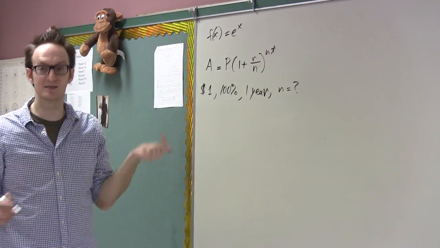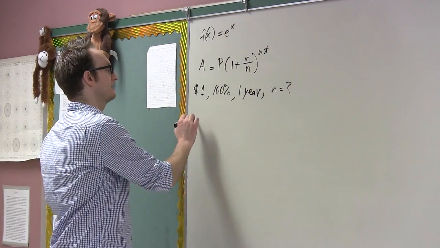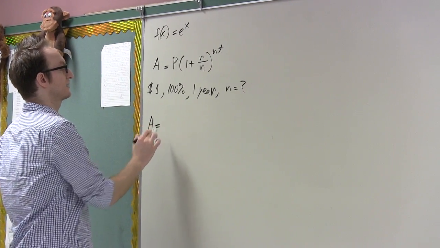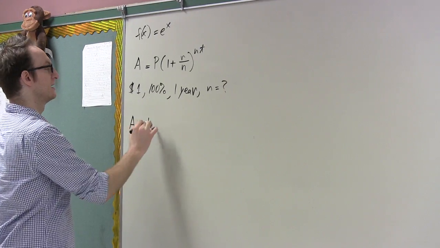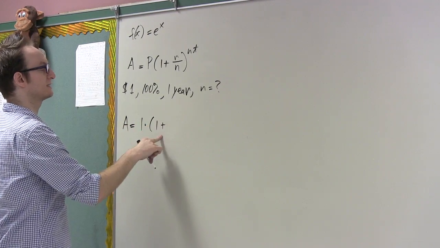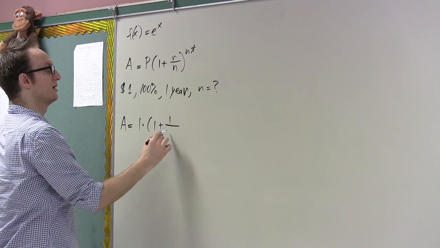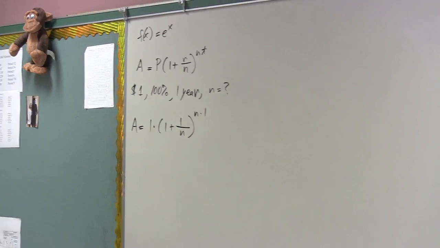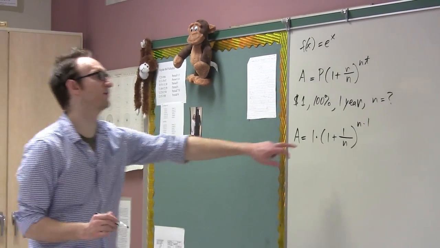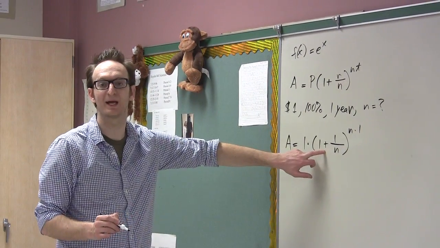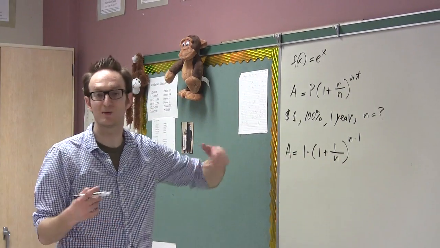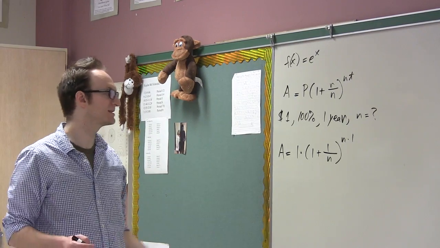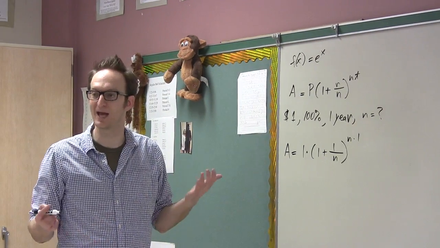If you compound n times per year, then the amount of money in your bank is going to be 1 times 1 plus 1 over n, to the n times 1. So that's the formula for the amount of money I'll have in the bank if I compound n times per year with $1, 100%, just 1 year. And what happens is if you let n go to infinity, then you get e.